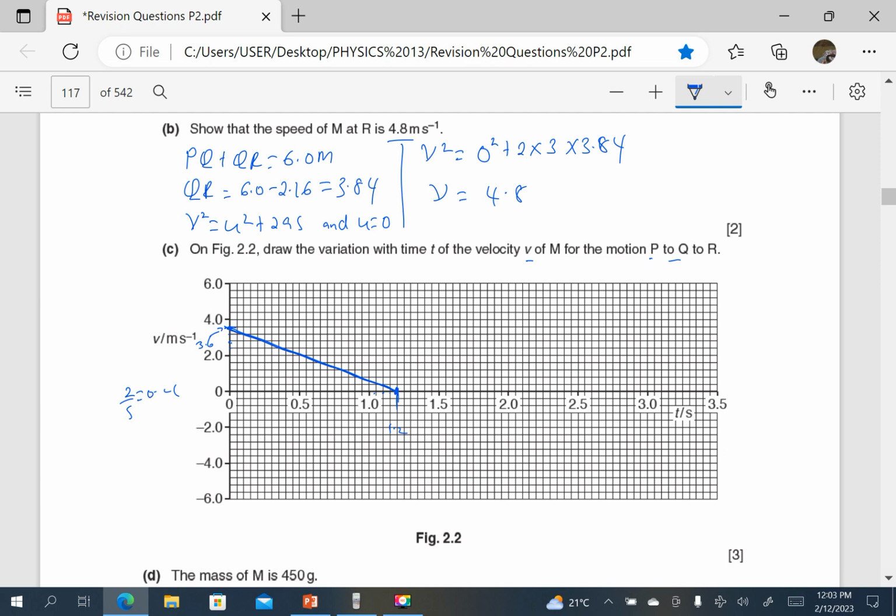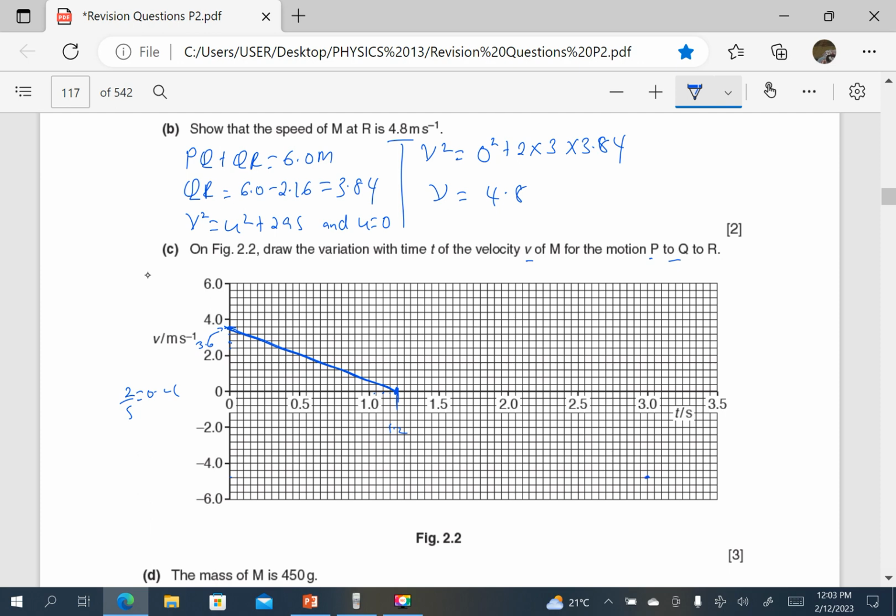I think that is up to 3. Where is 4.8? It's around there.